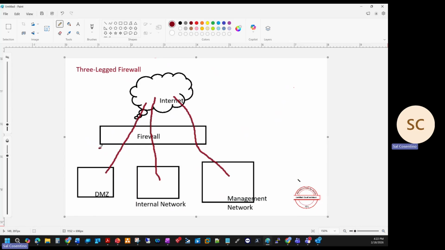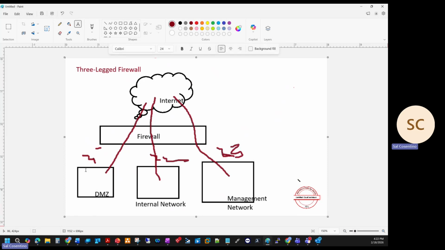This supports multiple zones with just one firewall device. So this is zone one, Z1. This is zone two, Z2. And this is zone three, Z3.